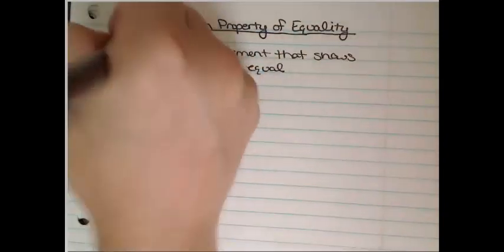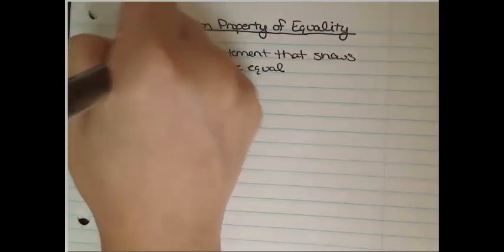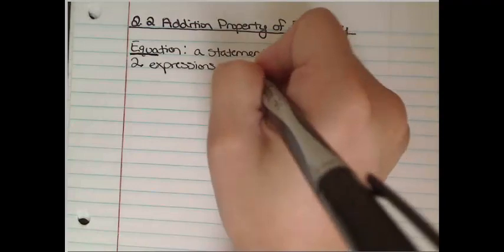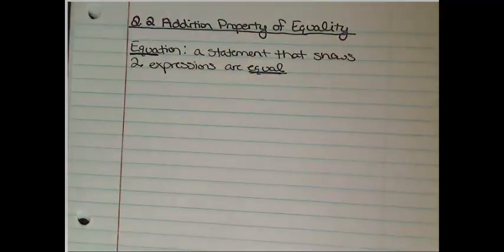And hopefully you can see an equation starts off EQUA, and that's also how equal starts off. So that means we're going to put two things and we're going to put an equal sign in between them and say that these two things are the same.